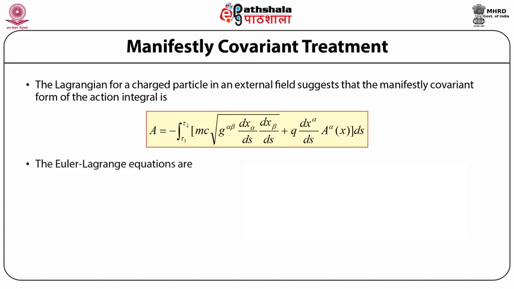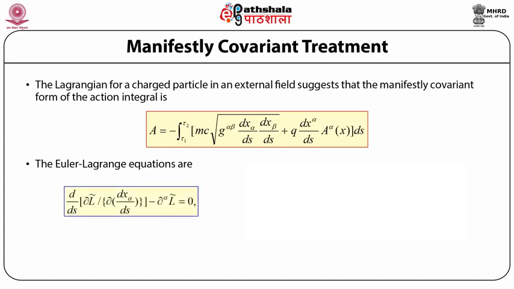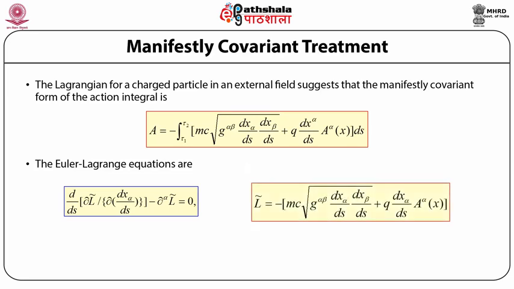The Euler-Lagrange equation now takes the form d by ds of del L by del dx alpha by ds minus del alpha L equals 0. The Lagrangian L equals minus mc times the square root of g alpha beta dx alpha by ds dx beta by ds plus q dx alpha by ds A alpha of x.